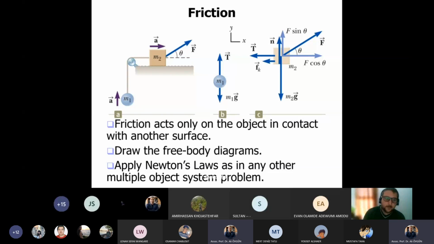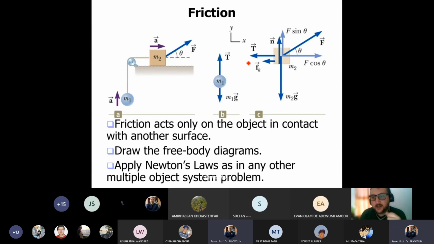For example, here, how can you draw the free body diagram for multiple objects? First of all, you must separate the objects and draw the free body diagram separately. For M1, what is the free body diagram? Tension upward and gravitational force downward, and the acceleration is upward.